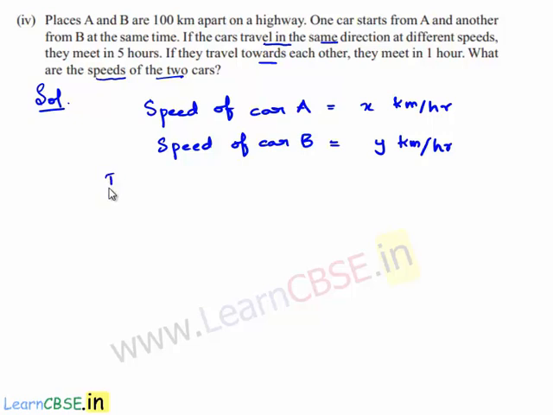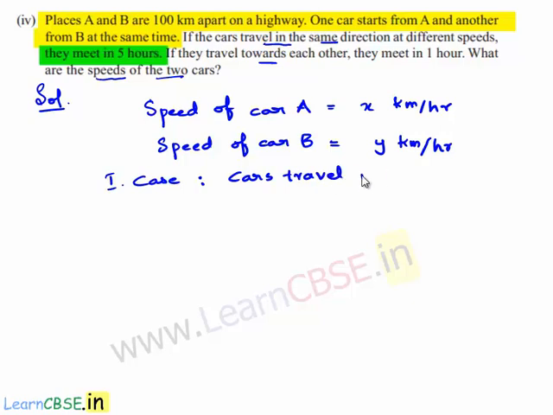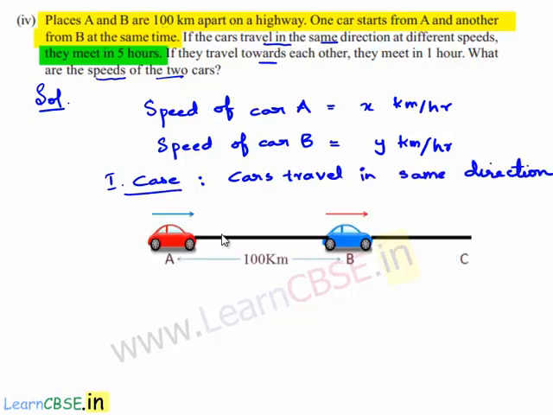First let us see case 1, that is, the cars travel in the same direction. According to the given problem, places A and B are separated by a distance of 100 kilometers, and car A and car B are traveling in the same direction. Both of them meet at a common point C after 5 hours.